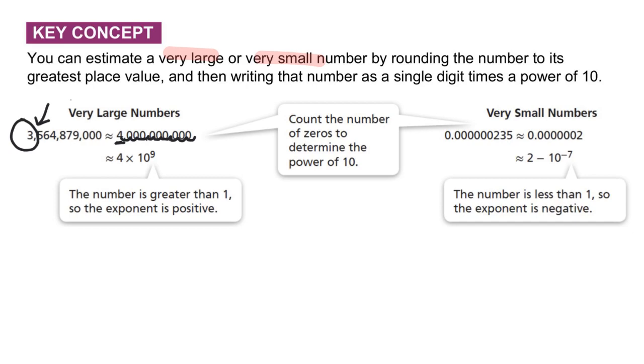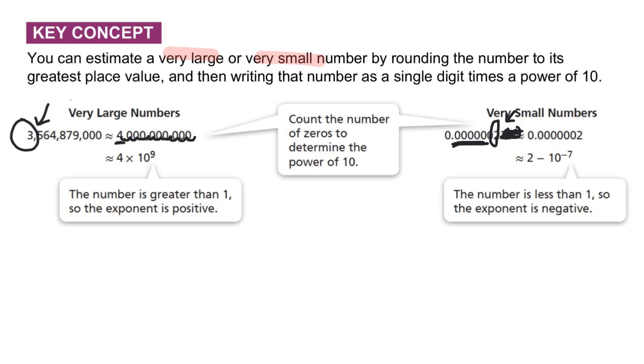Very, very small numbers, same thing. To the largest place value, that 3 is not big enough. So technically everything after the 2 turns into zeros. But because we're in the decimal realm, we don't care about those decimals. We only really care about all these decimals in front of the 2.